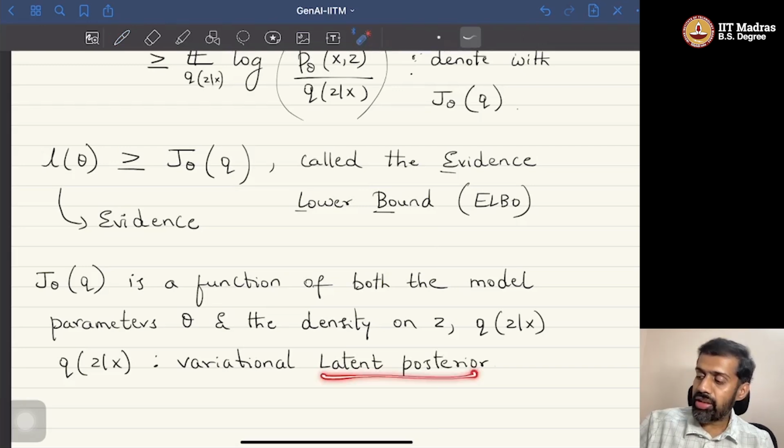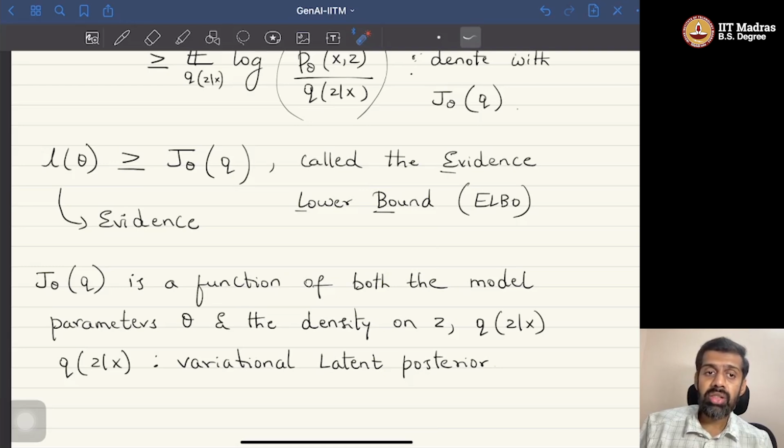So it's a distribution, a density function which is the posterior of the latent variable given data. It is called a variational distribution because the optimization that we are solving here is not only with respect to some parameters theta, but with respect to a class of functions q, or rather a class of density functions.